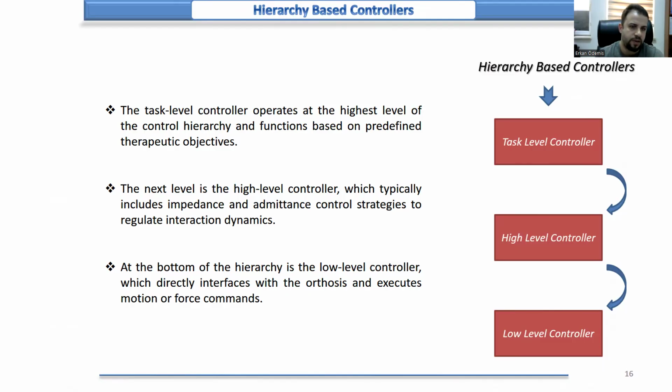At the bottom of the hierarchy is the low-level controller, which directly interfaces with the orthosis and executes the motion or force commands. The low-level controller directly manages the actuator commands, such as joint position or torque, ensuring accurate and stable execution of the desired motion.